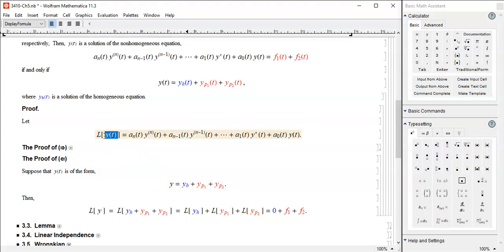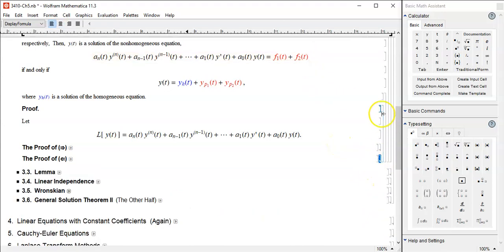We have nothing more than just a bunch of additions, multiplying by coefficients and taking the derivative, so we can separate all the additions. yh, that'll give you 0, and yp1, that'll give you f1. yp2, that's going to give you f2. So what do you get? 0 plus f1 plus f2, same as what we want. So we have it.